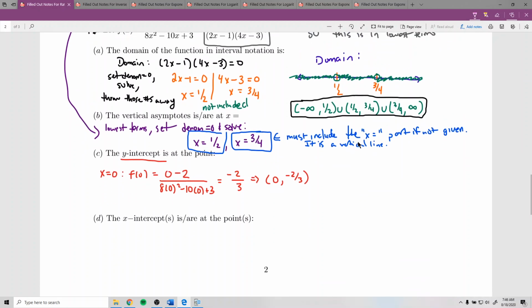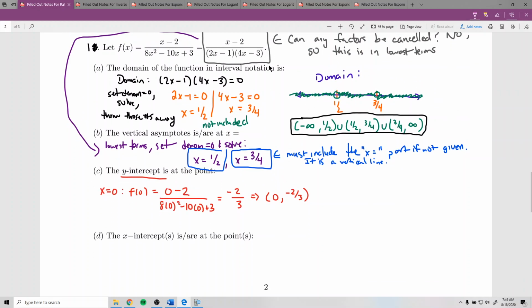Now for the x-intercepts, and same thing for the zeros if you were asked about the zeros. When you have a fraction, you really want to set the whole thing equal to 0, but you can make a little shortcut and set the numerator equal to 0 once it's in lowest terms.